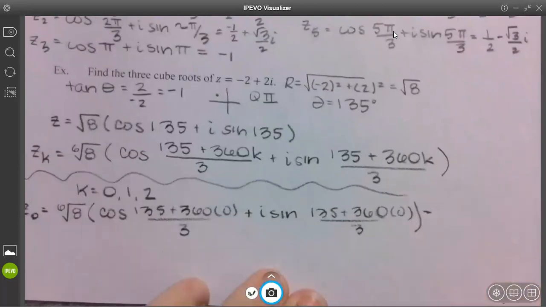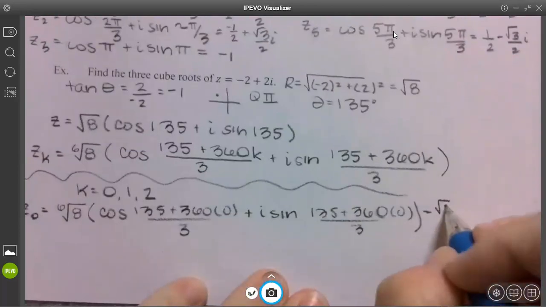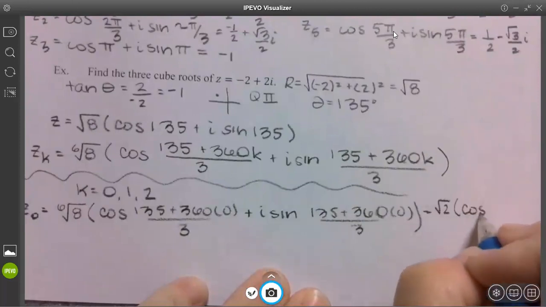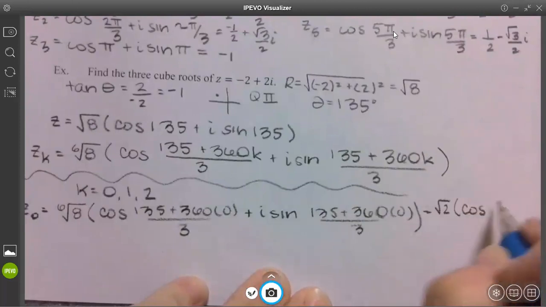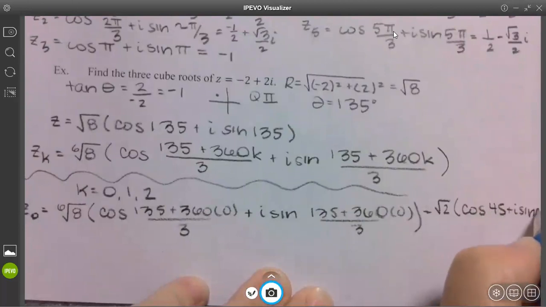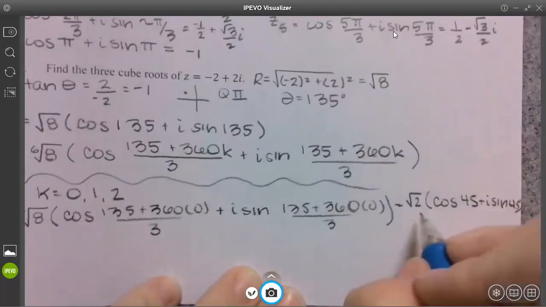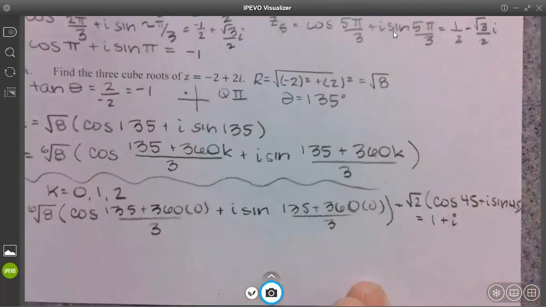The 6th root of 8 is going to leave you with the square root of 2 times cosine 45 plus, I'm squeezing it in, i sine 45, which gives you 1 plus i.